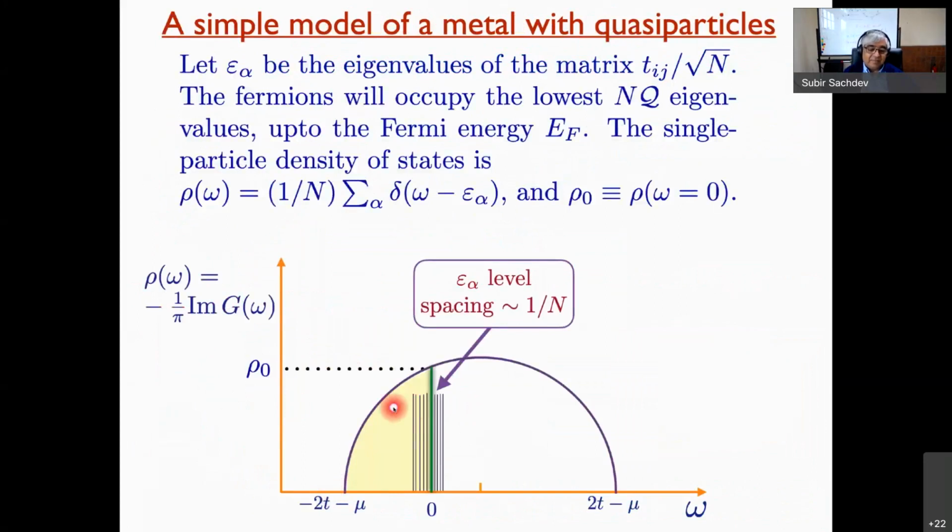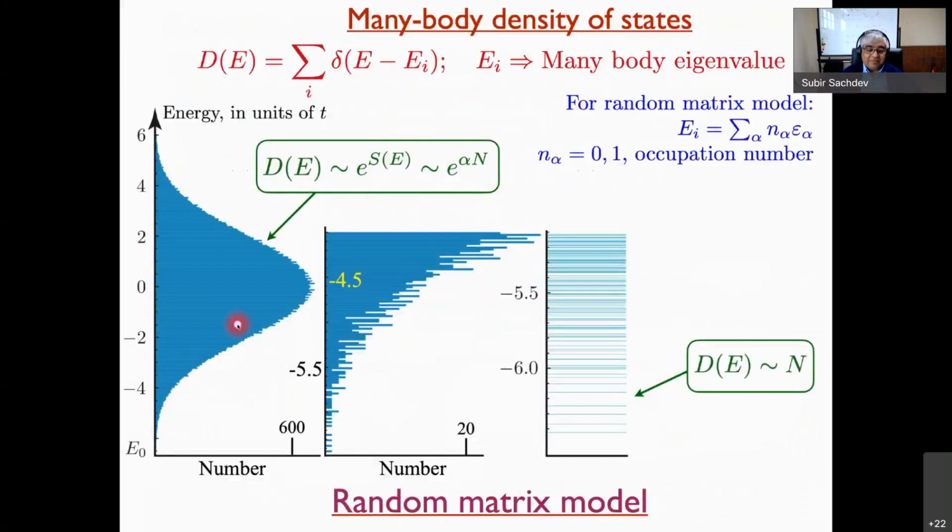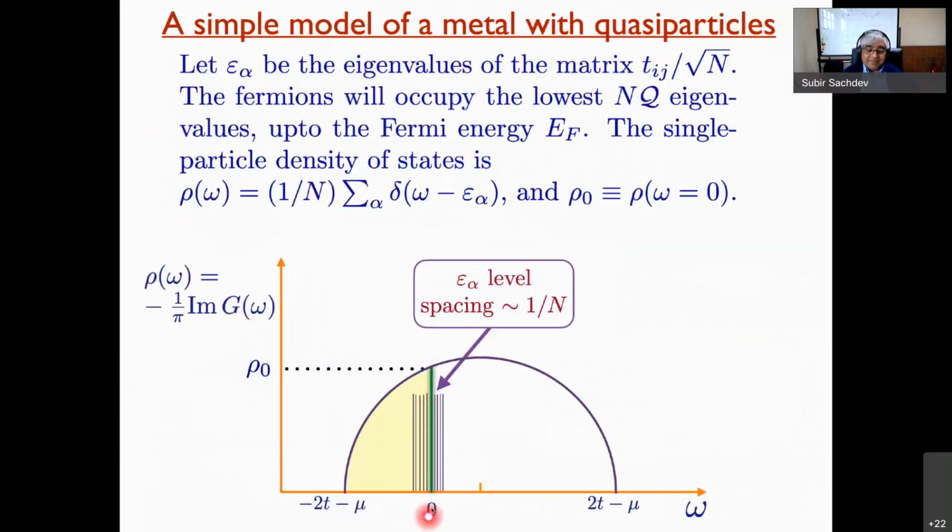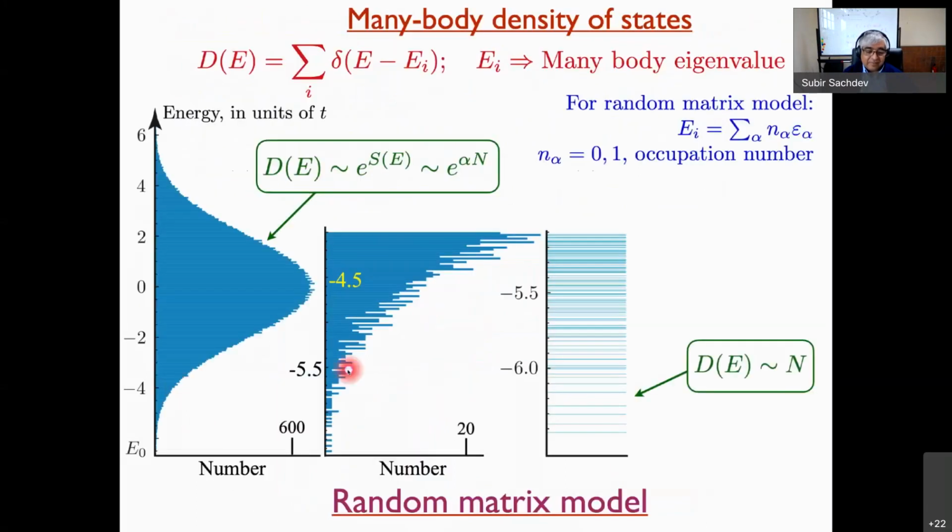The tails have to do with the fact that if this is your ground state, which has energy 0 now with all of these states occupied, then the first excited state would be you add a particle just above the Fermi level, or you remove a particle from just below the Fermi level. And those are the states that you see in the tails. So these are the states here, which are just adding and removing particles above and below the Fermi level.